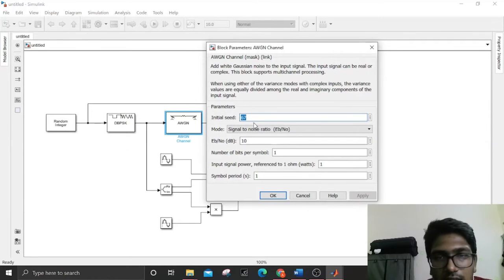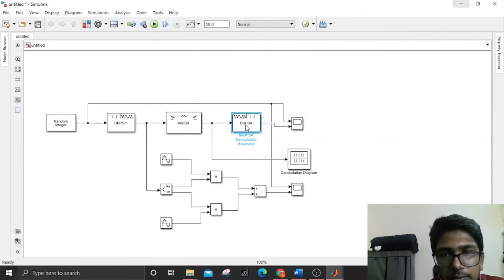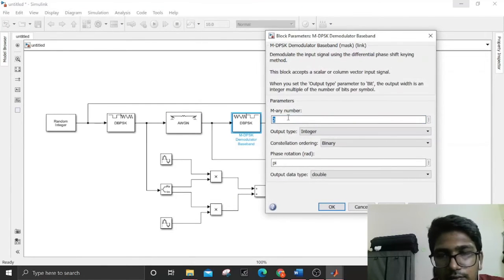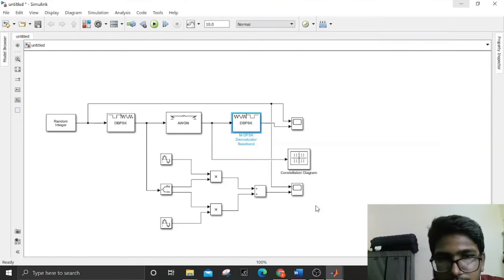For AWGN, there is no need to change the values. For DBPSK demodulation, the values will follow as the modulation DBPSK. So M-array number is 2, output type is integer, constellation ordering is binary, phase rotation is pi, and output data type is double.